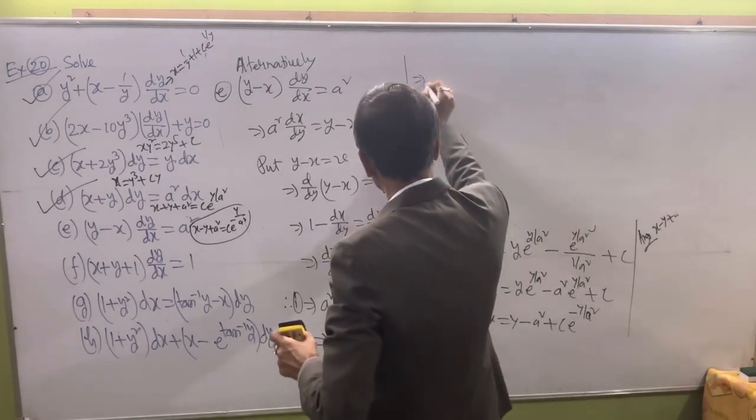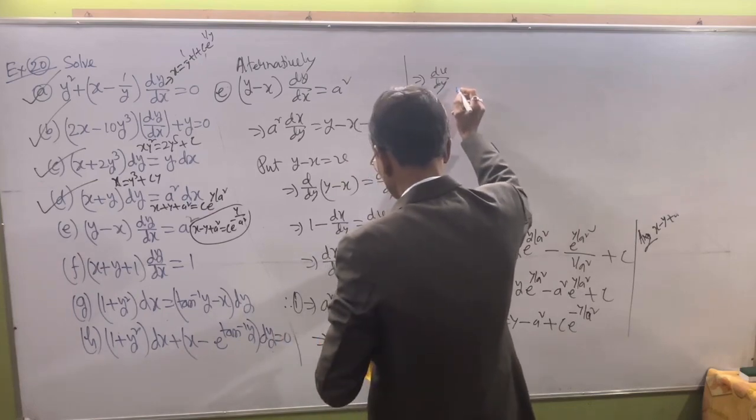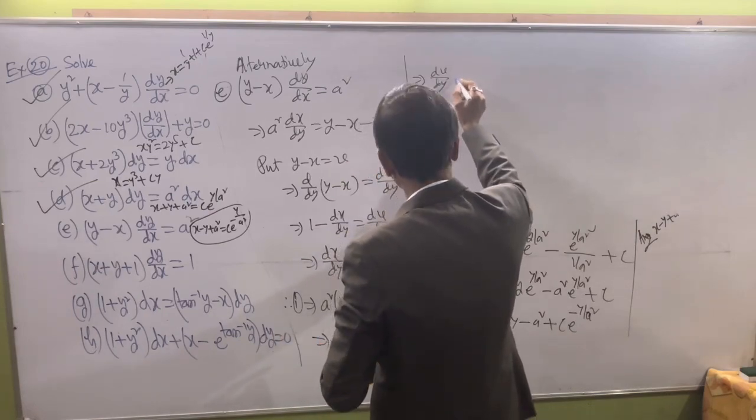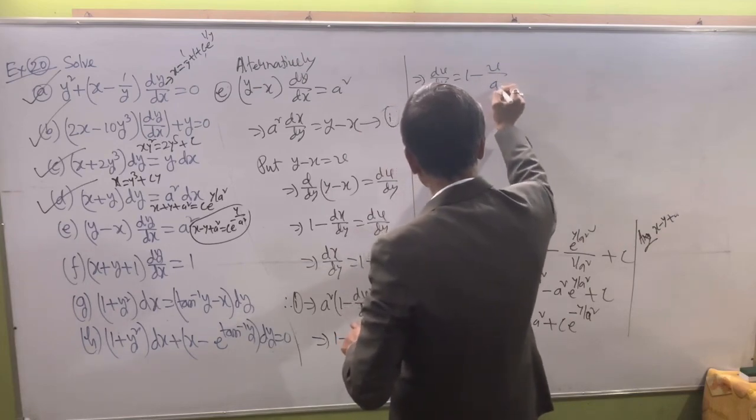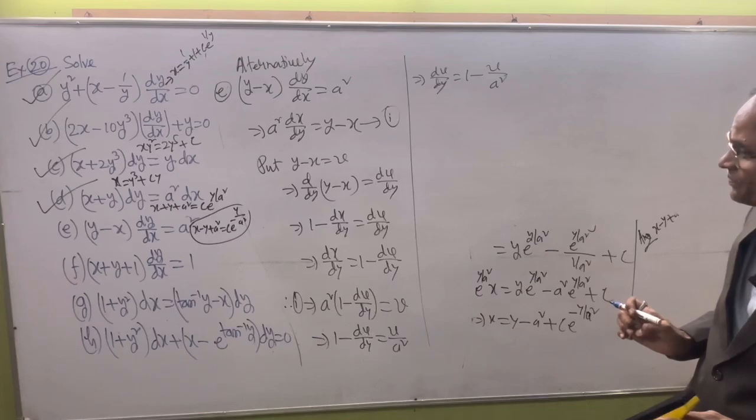This means dv by dy equal to 1 minus v by a square.